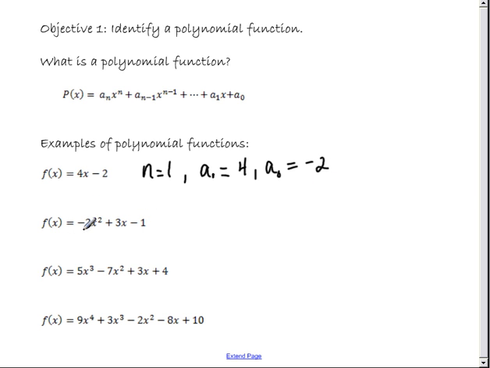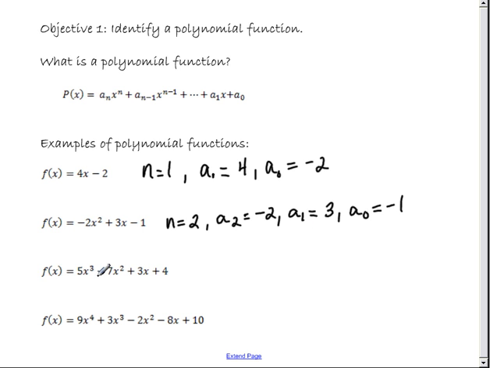For f of x equals negative 2x squared plus 3x minus 1, n is 2. A sub 2, the coefficient of the square term, is negative 2. A sub 1, the coefficient of the first degree term, is 3. And a sub 0, the constant term, is negative 1.